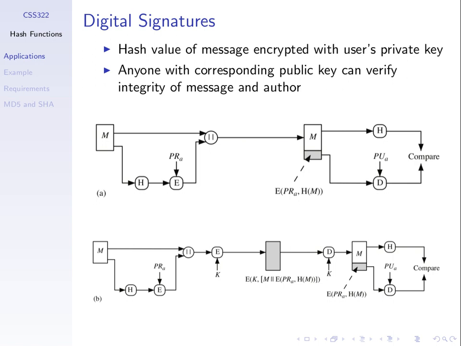What's going to happen at B? The hash value will be different, because if we send this on to B, B calculates the hash of the received message, H of M prime, and compares it after decrypting this.